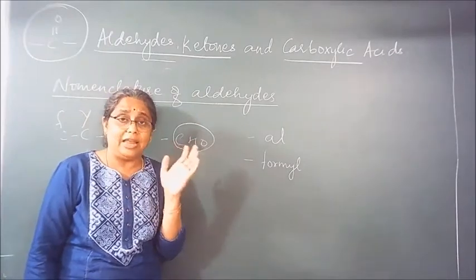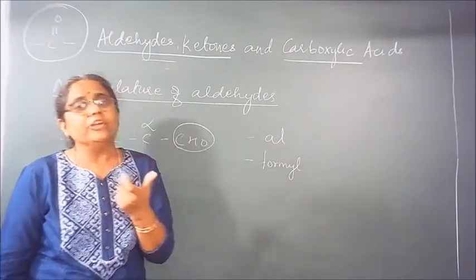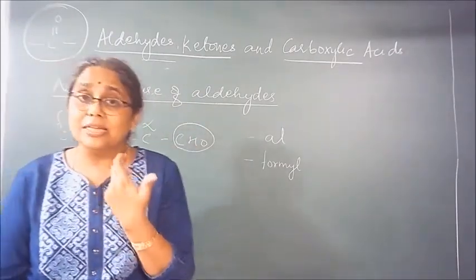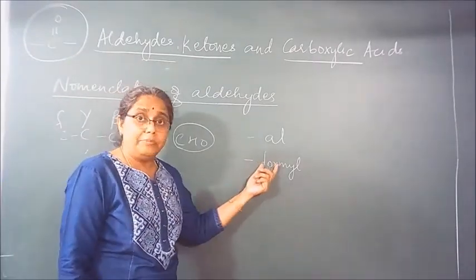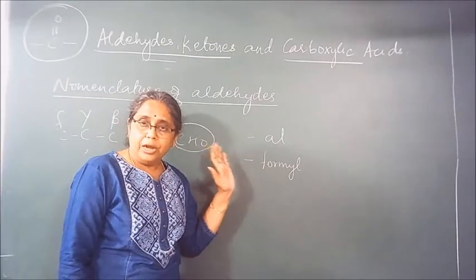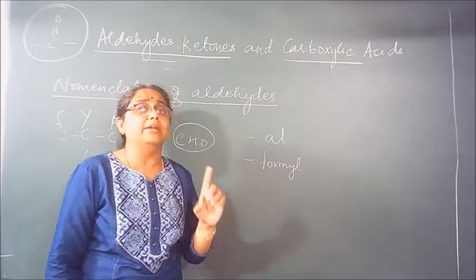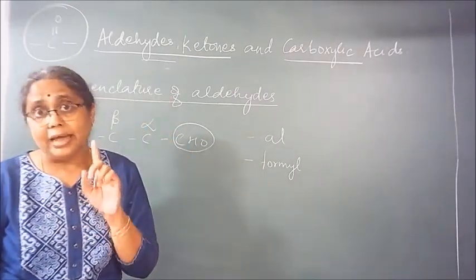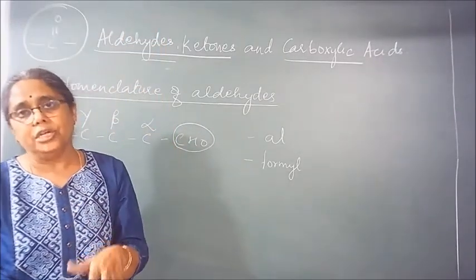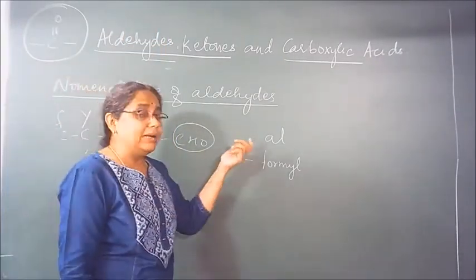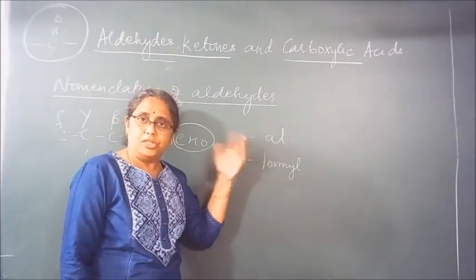The parent chain is an alkanoic acid. The CHO group which is attached to it stays as a substituent and is named as formyl. Understood? It happens only when the aldehyde is present with an acid, because according to the column of priorities, acids get more preference.